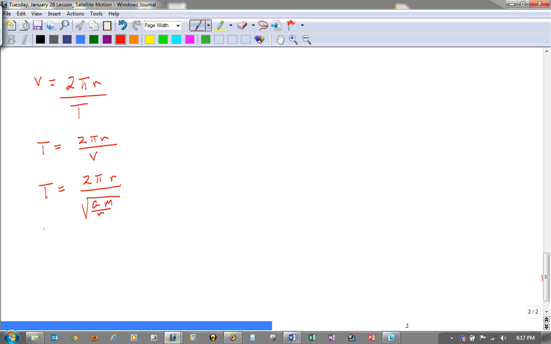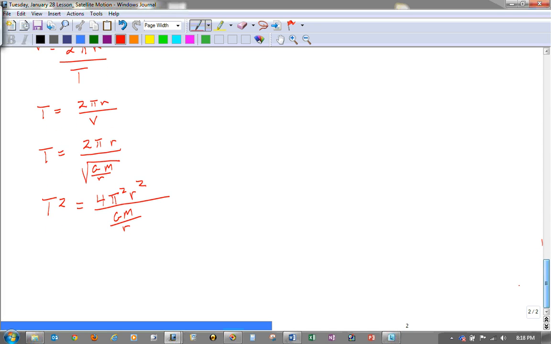Now if I square both sides so that I don't have any more square roots, I get T squared, squaring the top, I have 4 pi squared r squared divided by G times M divided by r. So when I simplify the right hand side, I get 4 pi squared r cubed divided by G M, and that's just invert and multiply by the denominator.